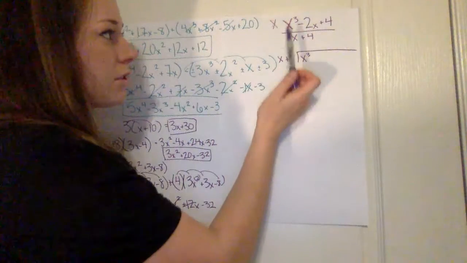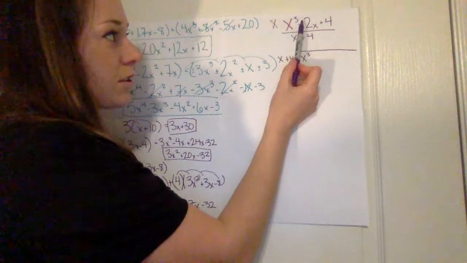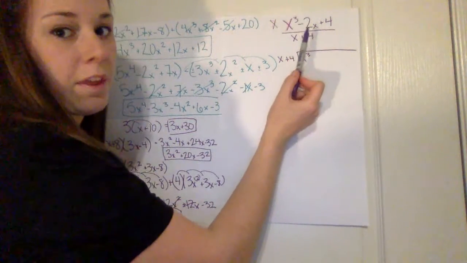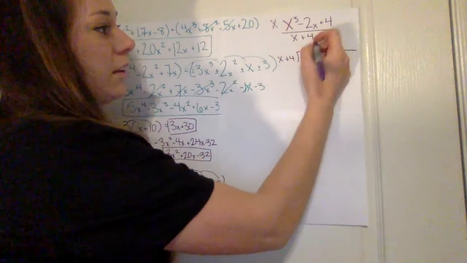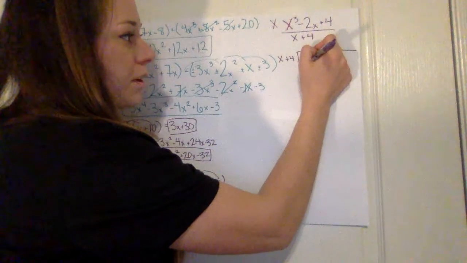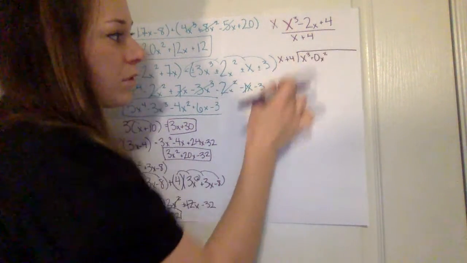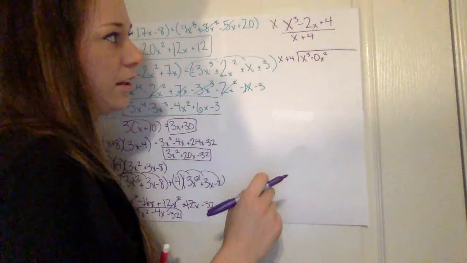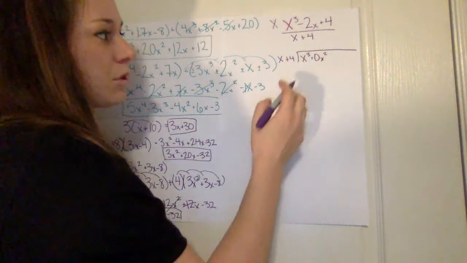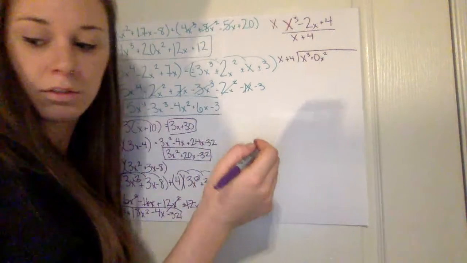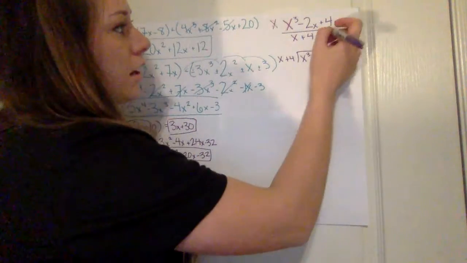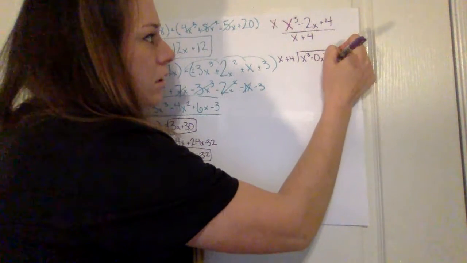And notice how there's not an x squared term right there. So you have to add an x squared term. That way you can keep your numbers straight in order there. So we'll do a plus 0x squared, and then we will continue.